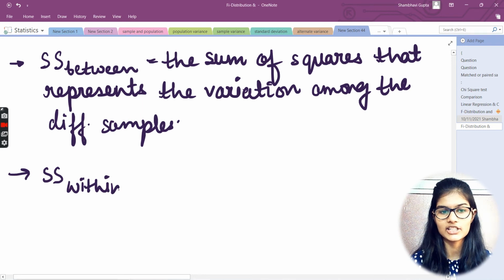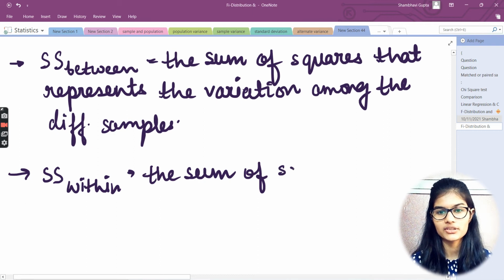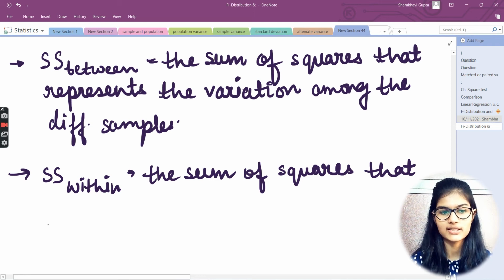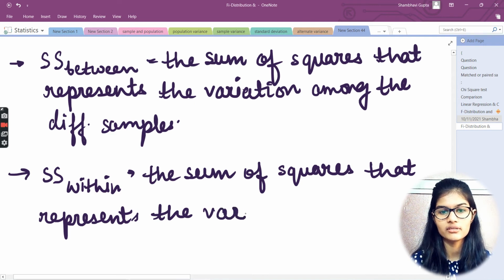That we had studied as well. So now what was that? Let's go ahead with that particular thing here. That was the sum of squares that represents the variation.